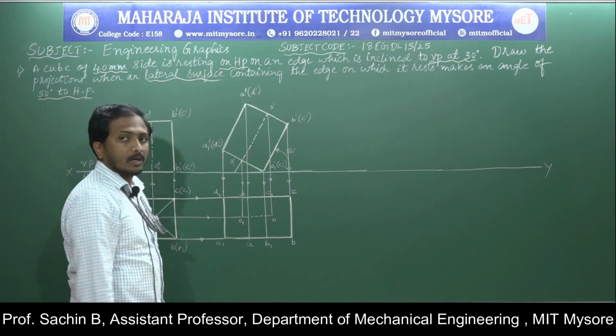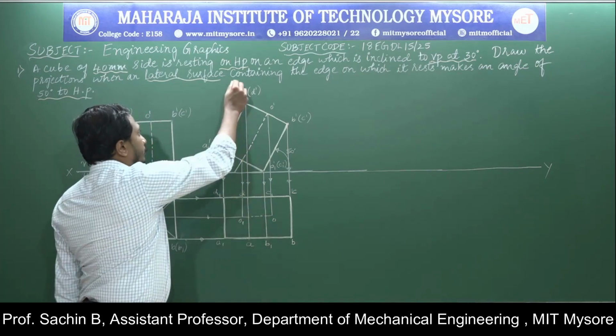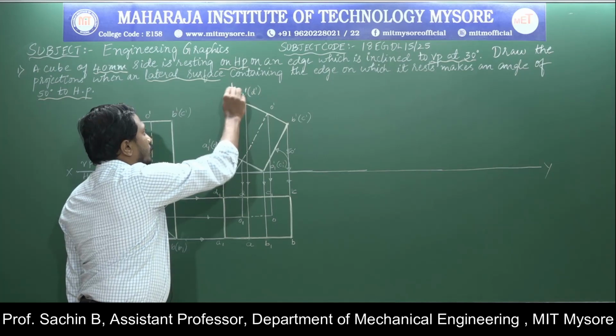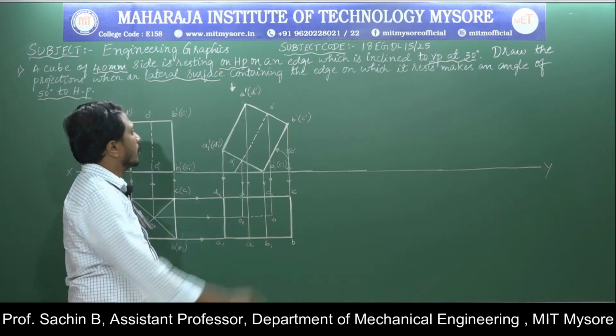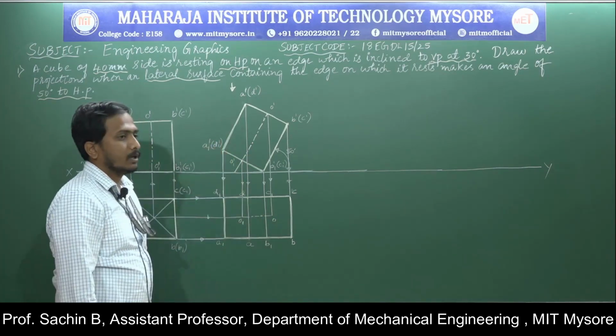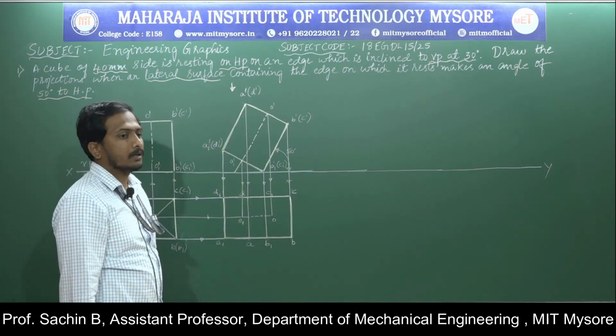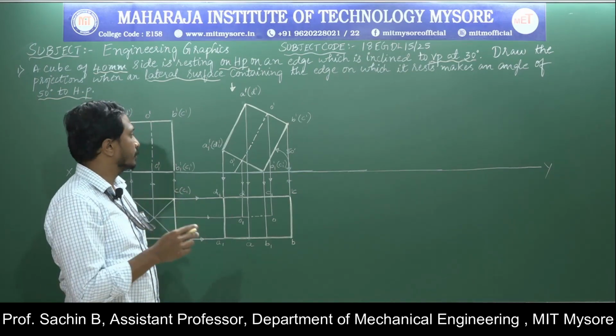The second concept of checking visible and invisible edges is that if an observer is viewing the top view of the object, the faces and edges near to the observer are clearly visible.